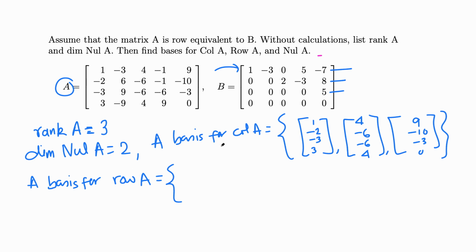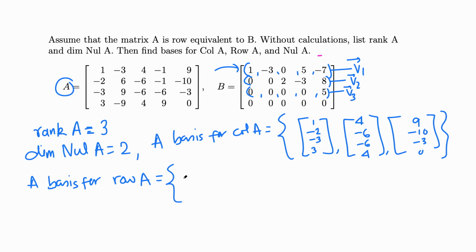In fact, for a basis for column A, we go back to the pivot columns here. But for a basis for row A, we just write these non-zero rows. So I can say this vector is V1, this vector is V2, and the third is V3.